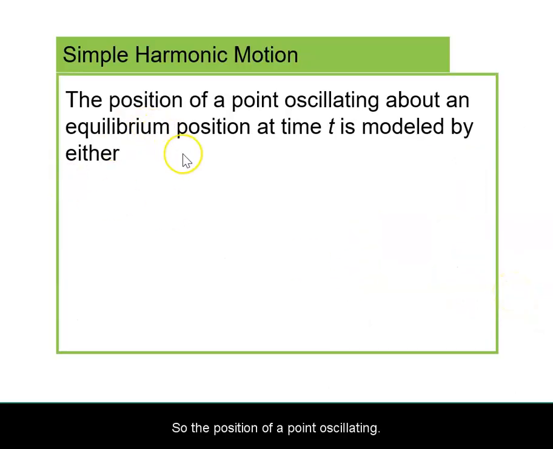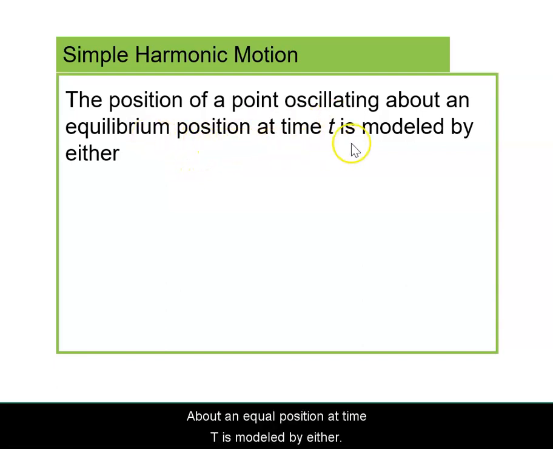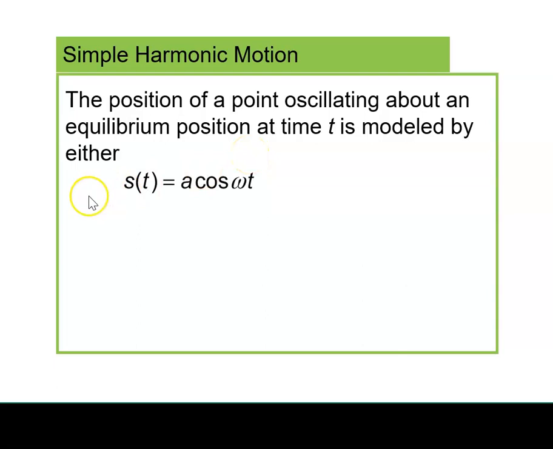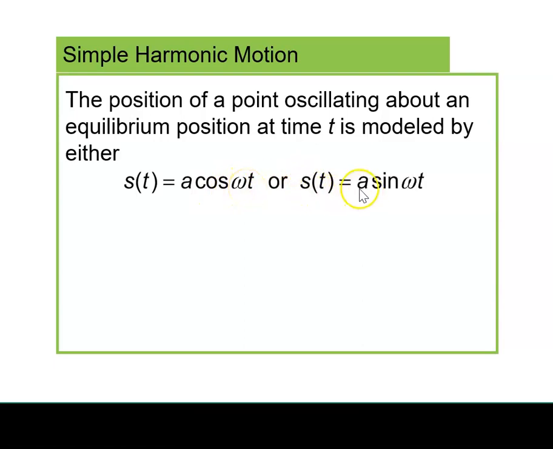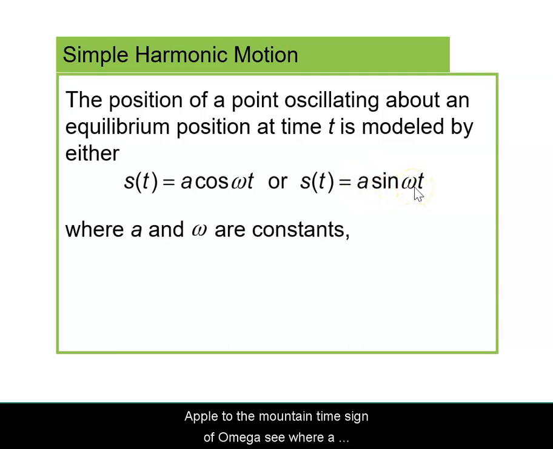So the position of a point oscillating about an equilibrium position at time t is modeled by either s(t) equals A cosine omega t, or s(t) equals A sine omega t, okay? Where A and omega are constant values, okay?